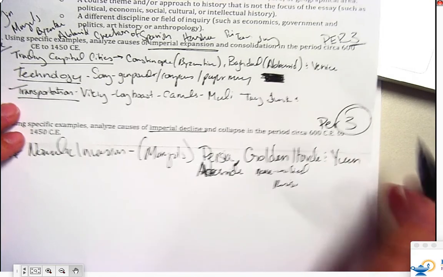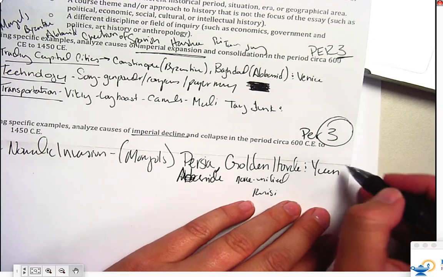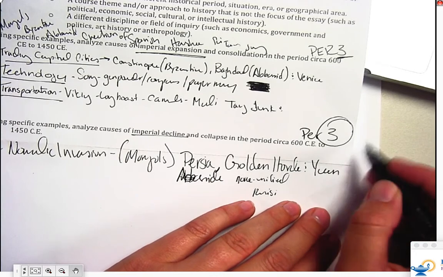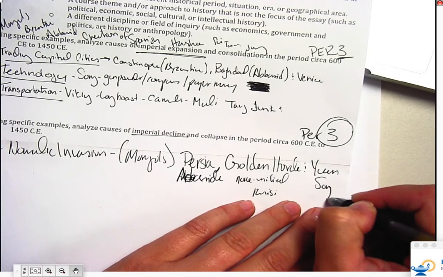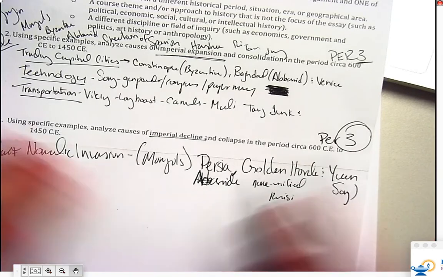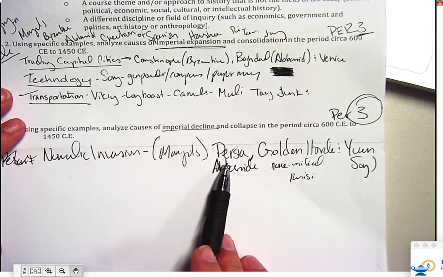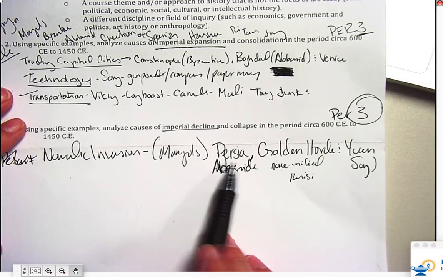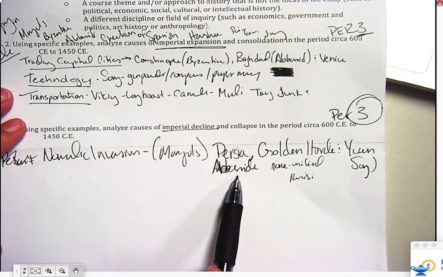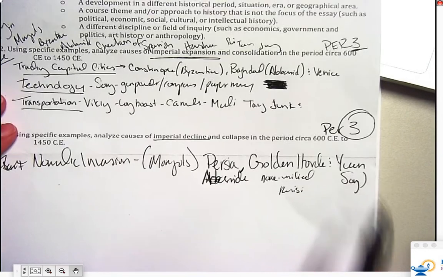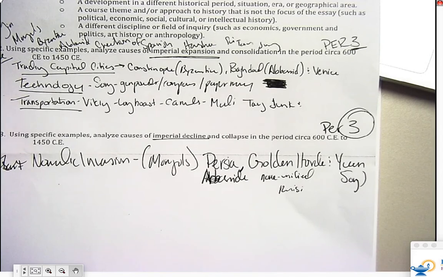And of course, the Yuan is really going to collapse to who? The Song. Wait, you're saying nomadic invasion when the Mongols show up, correct? So the Mongols come in and take over the Abbasid Empire. They take over a non-unified Russia, and they take over the Song. Well, you could argue that their fall, but the empire is in decline.